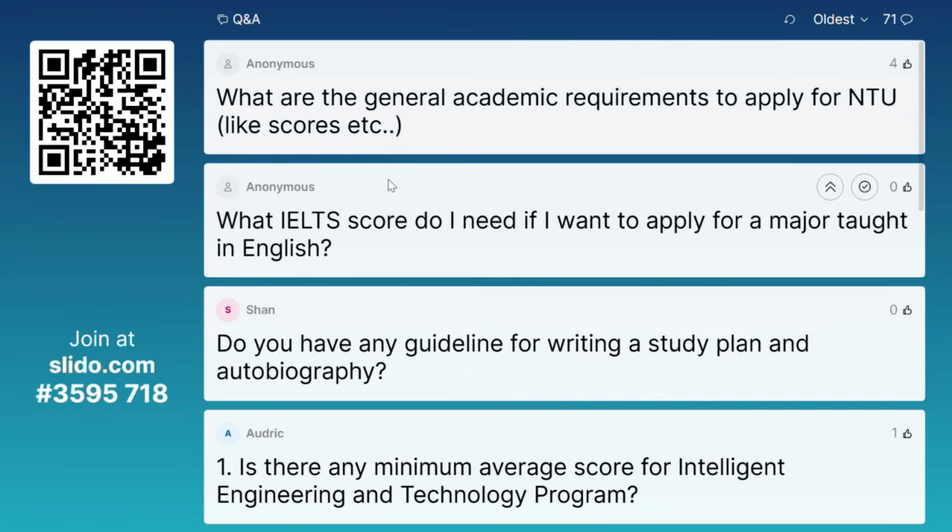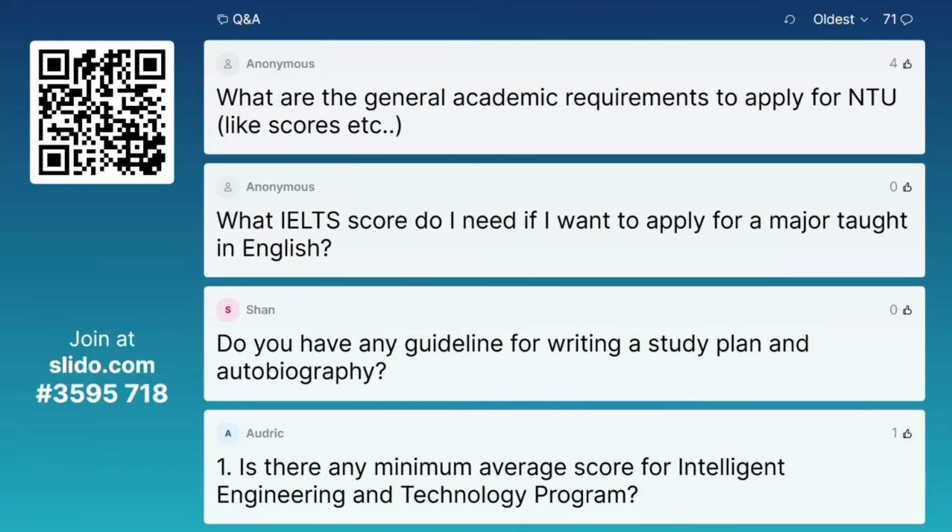What are the general academic requirements to apply for NTU? So because we do not have a minimum GPA to apply, it will really depend on the program you want to apply to. You can look at their curriculum and see which subjects they will focus on, and then try to have better scores in those subjects.